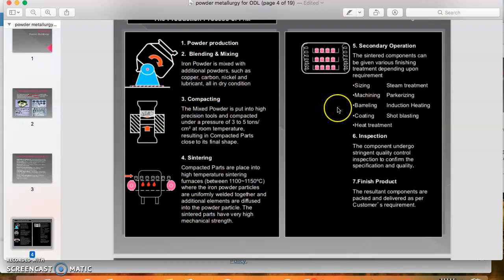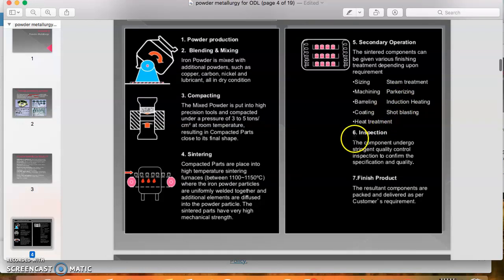The secondary operation is optional. Either we can apply sizing, where we put it in the machine and compress to get the required final shape, and then we can also do machining to improve the surface, and barreling, coating, and additional heat treatment to improve the properties, and other processes such as shot blasting, induction heating, parkerizing, and steam treatment.